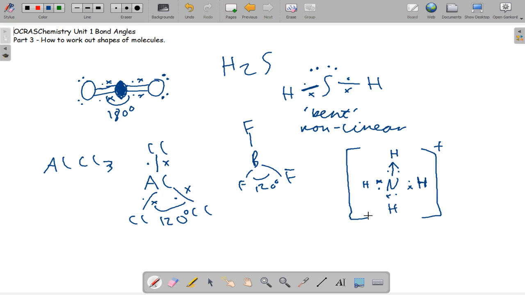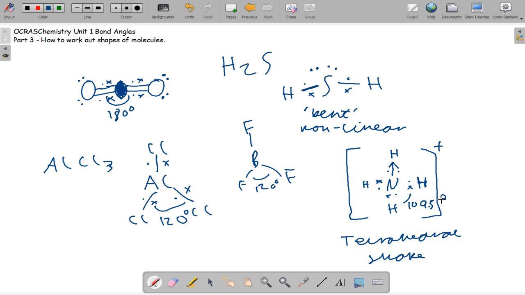So looking at the periodic table once more, we know that nitrogen's outer shell electrons are all being used in order to bond. So it should have a tetrahedral shape and an angle of 109.5.